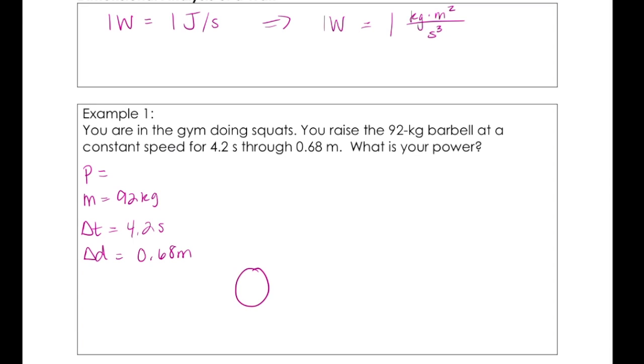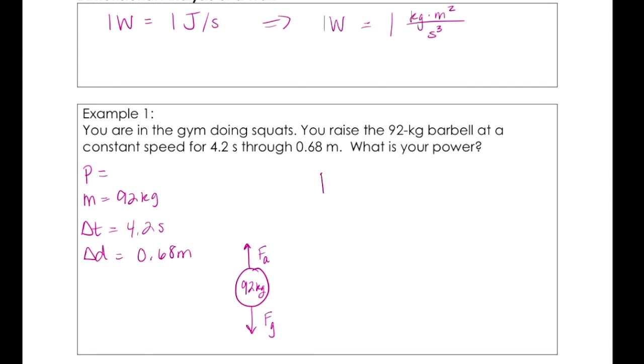Okay, and if we were drawing the free body diagram, gravity would be working in this direction. If we're squatting, we're going to be lifting it in this direction. So this would be our applied force working in the same direction as the displacement.